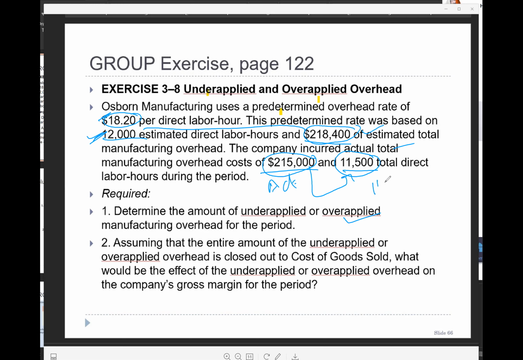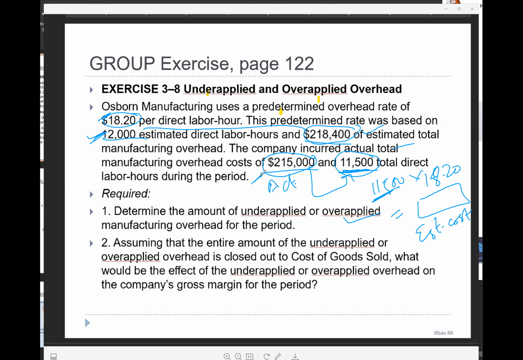So just multiply 11,500 with the predetermined overhead rate, which is 18.20. Then you compare that cost. This is the estimated cost based on 11,500, and this is also based on 11,500, and then you can compare under applied or over applied. Understand? Yeah.